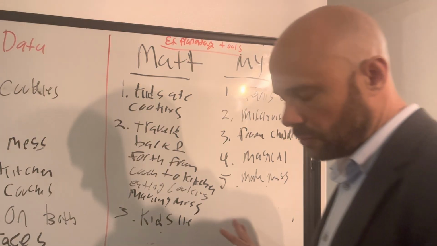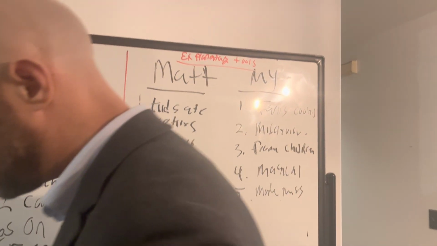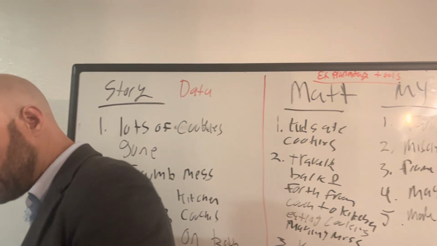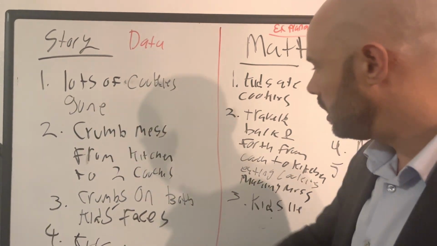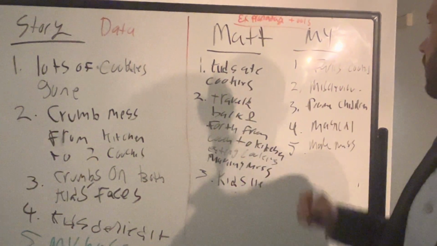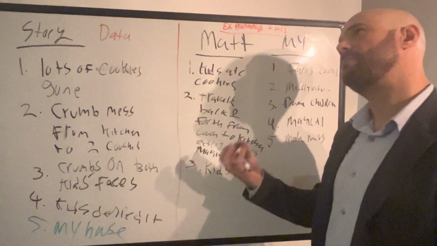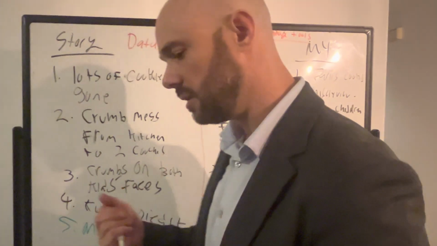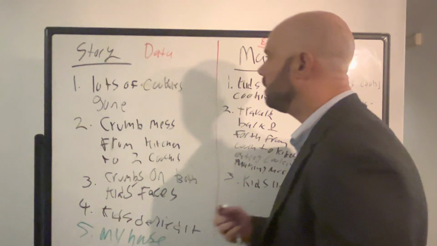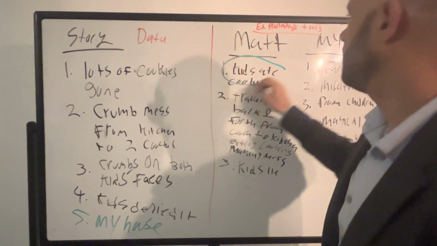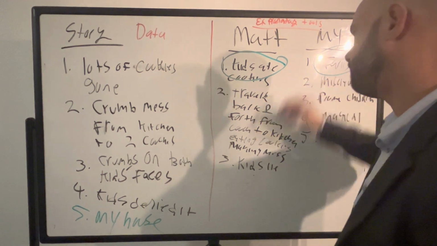So the question here is, which explanation, if true, will make the data more likely? Would make you expect to see this? What if the fairies happen? The way you think about this is to imagine the cause behind it, the agent, the actor, the one doing the cookie stealing. In Matt's, it's the kids. In mine, it's the fairies.